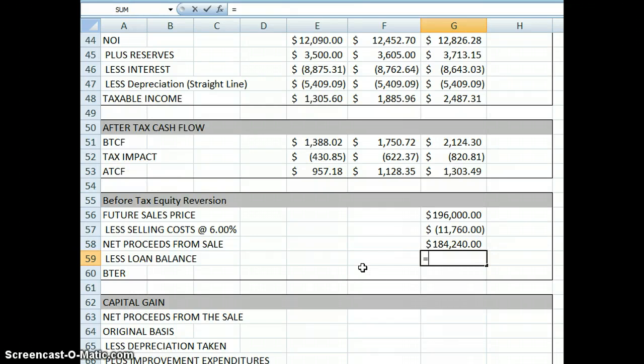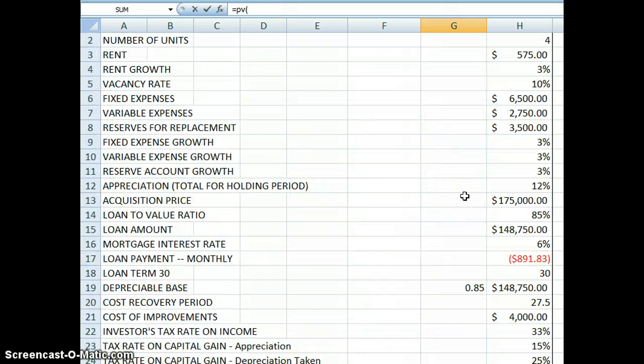Alright, so in the last video I was finishing the present value here. So it's going to be our present value of our payments. Our rate is going to be 6% divided by 12.